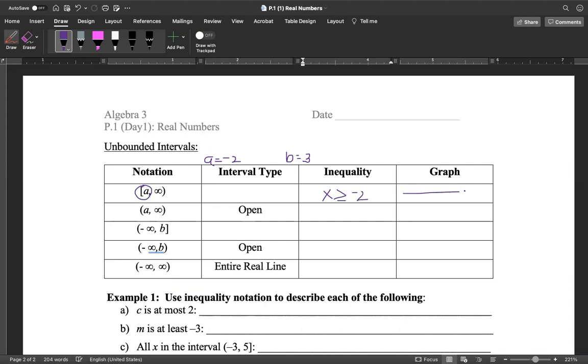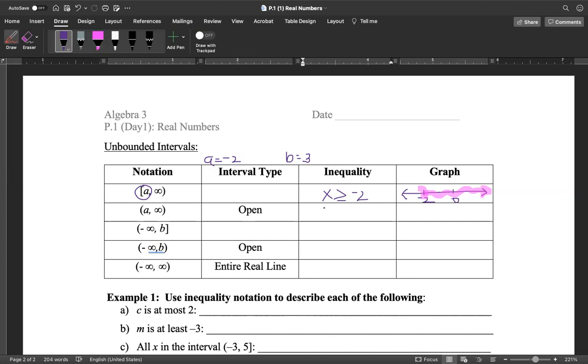So if you remember this graph, I would have my -2 here, and we'll put our 0 there. So I have a closed circle at -2 and everything shaded to the right now. Okay, because it's going to keep going towards infinity.